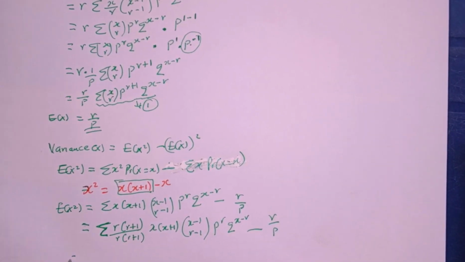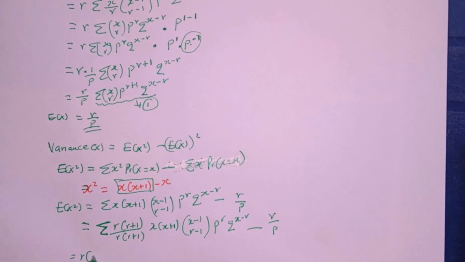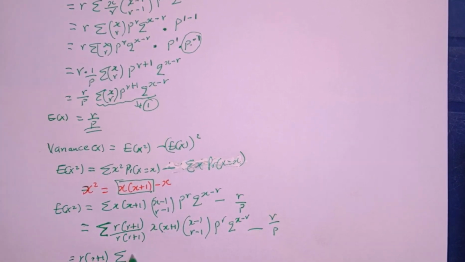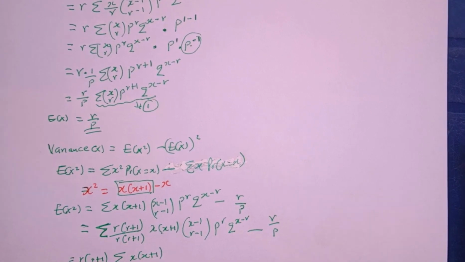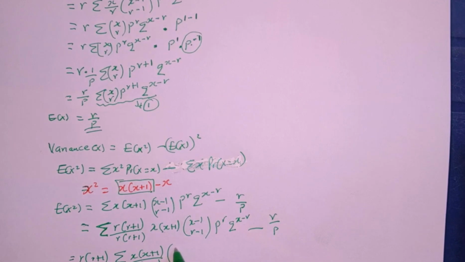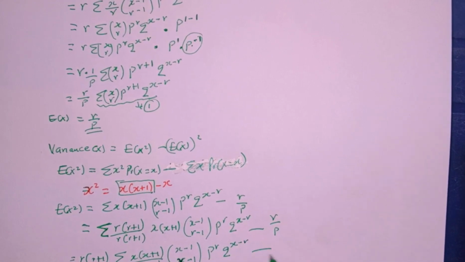If you take it out, we are going to have what? r into r plus 1, summation of what? This x into x plus 1 over r into r plus 1, then multiplied by x minus 1 combination r minus 1, probability p raised to the power of r, q raised to the power of x minus r, minus r over p.